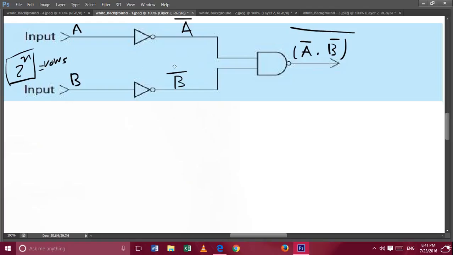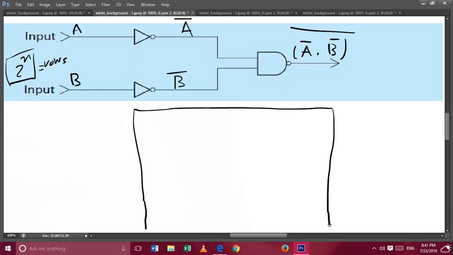And these are output columns. We're going to need an output column for each output. So this is 1 column, and 1 column. So we will need 4 rows and 1, 2, 3, 4, 5 columns. We're going to draw it right here because I want to show you how that works.